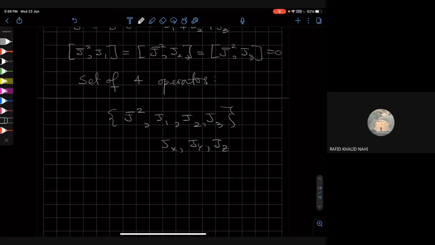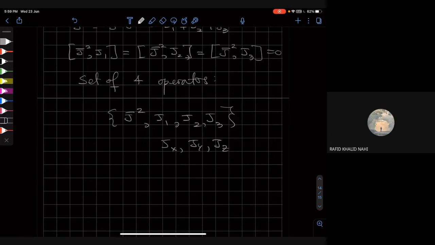No, just how many operators at once. Oh, okay. It's a pair, right? I can only choose 2 that are going to commute with each other. I cannot choose more than 2.